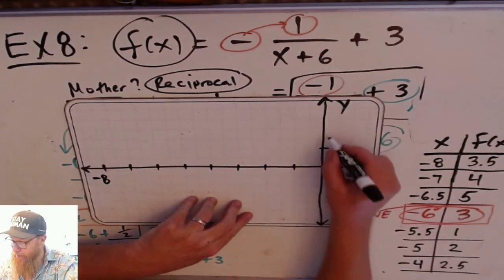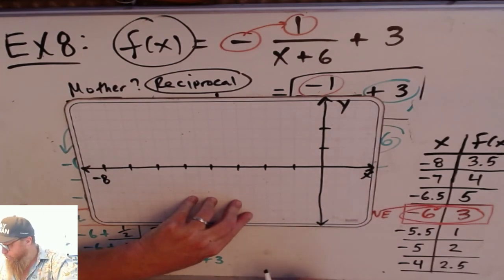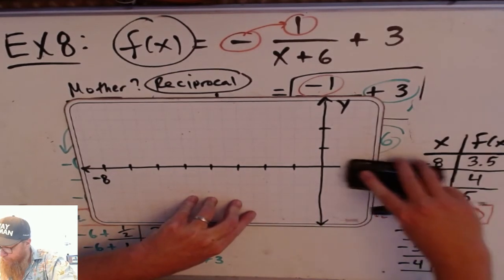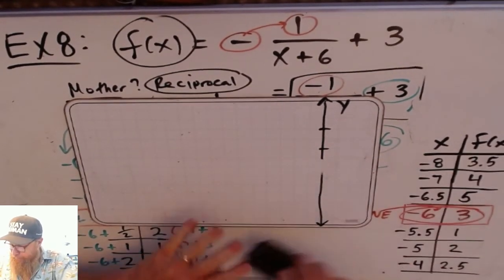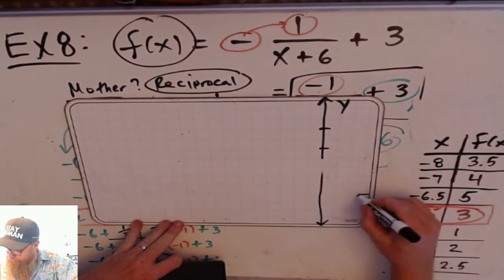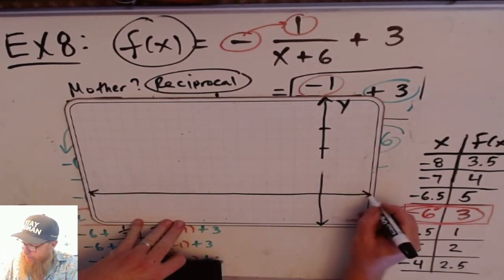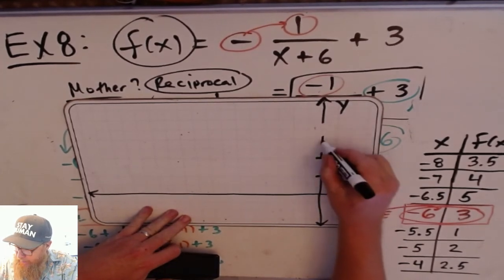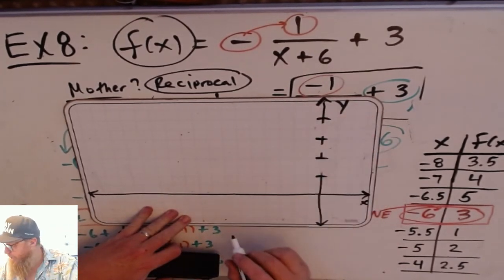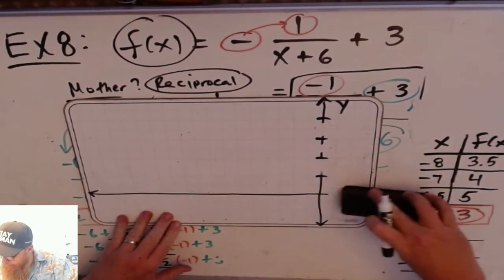All right, 1, 2. Sorry about that. I changed my mind on where I want to put my x. So that's 1, that's 2, that's 3, that's 4. I still don't like that.